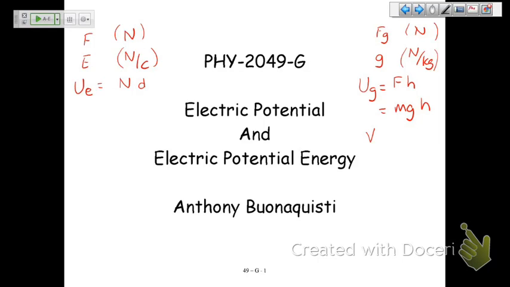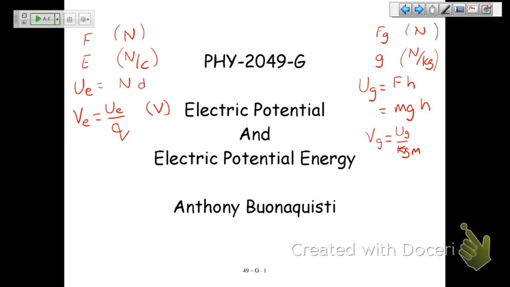But let's say I talked about my potential, which would be my UG per kilogram. If you like, UG divided by mass. And I can talk about my electric potential, which is my electric potential energy divided by the charge, if you like, divided by Q. And that has units of volts.